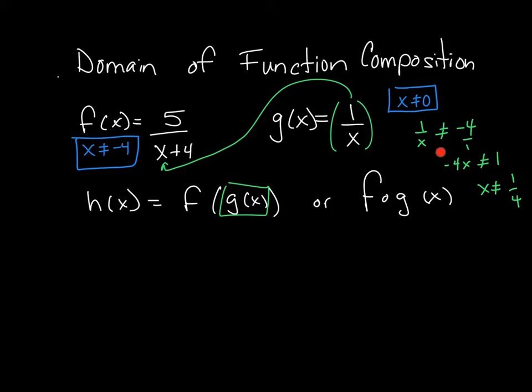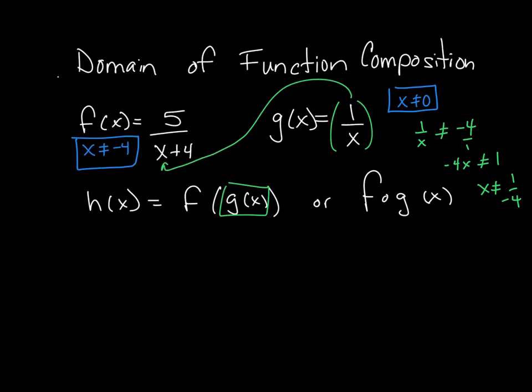Oops, I dropped my negative sign there, guys. Sorry about that. So if I started off with x equal to -1/4, and I put it into this function, that would give me the reciprocal of that, which would be -4, which is not allowed to go inside this function.